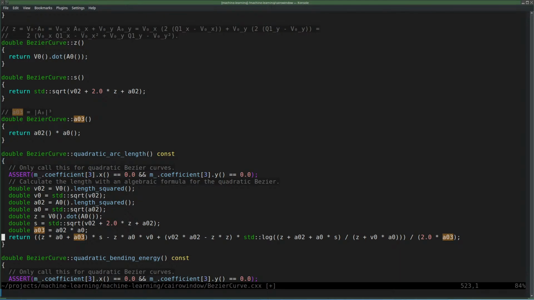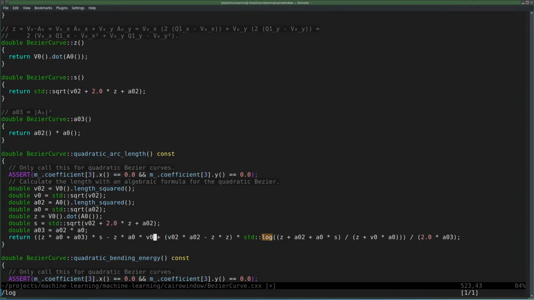Now, how many more shall I split this up? Definitely the logarithm. Logarithm is divided by something. Just 2 times that. But we have a multiplication in front of that. Let's make this a function.